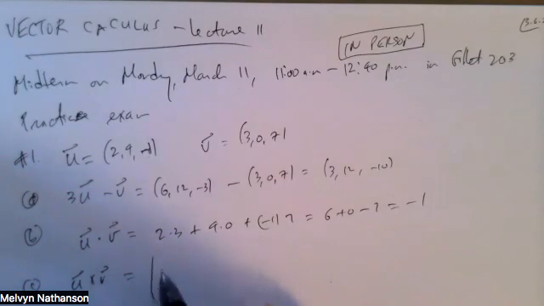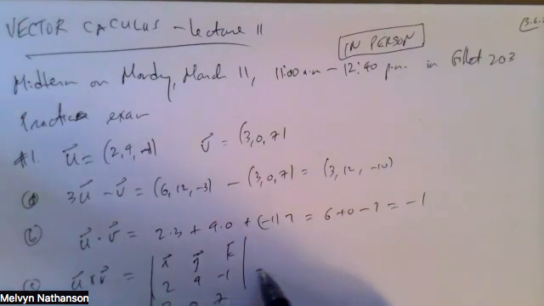What is the cross product? Simplest way to remember it is to write the 3 by 3 matrix: I, J, K, 2, 4, minus 1, 3, 0, 7.